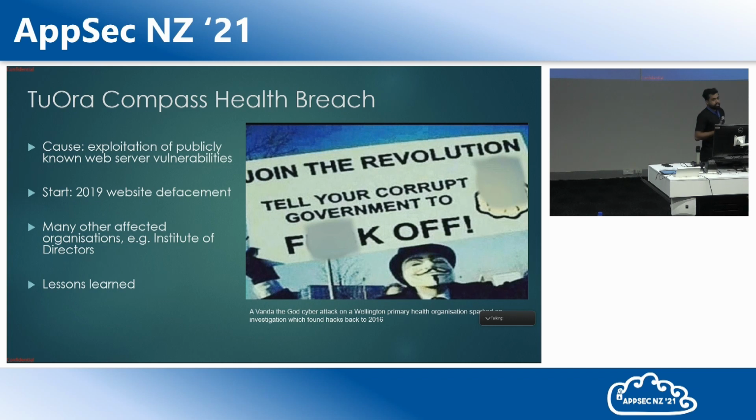It all started with the defacement of their public website in 2019, and when incident responders started looking into their IT systems, they found the initial compromise happened back in 2016. This vulnerability didn't only affect this organization, but also other organizations like the Institute of Directors.